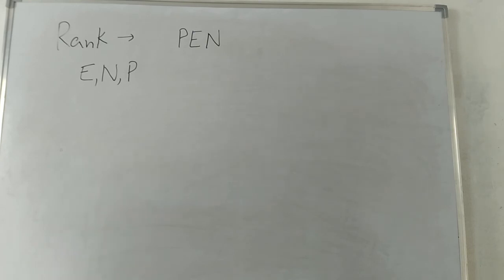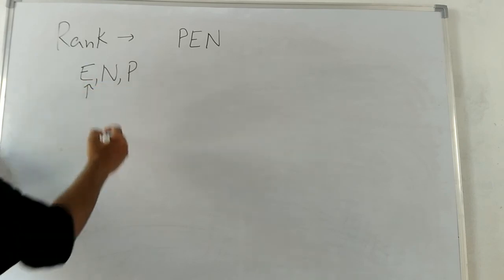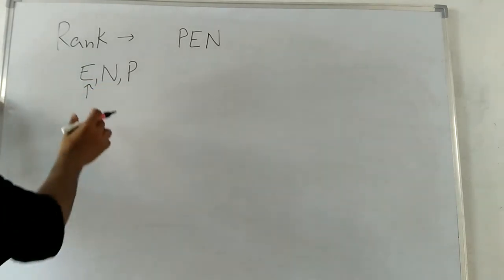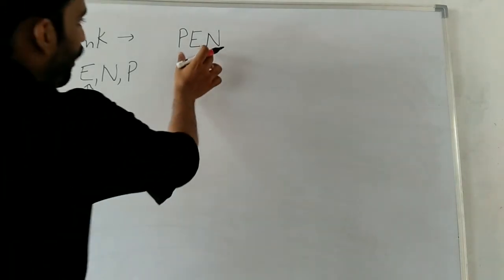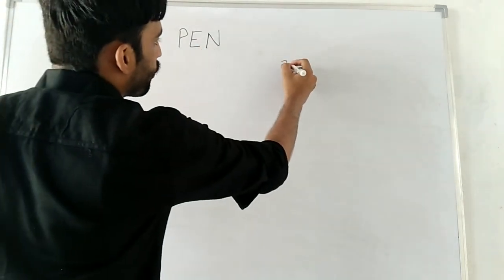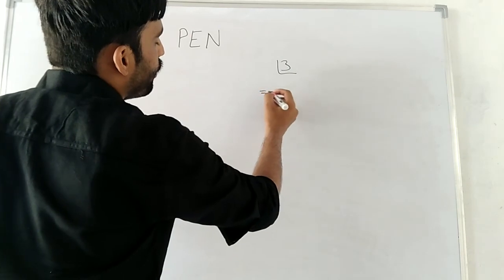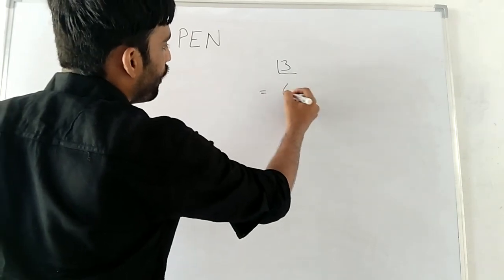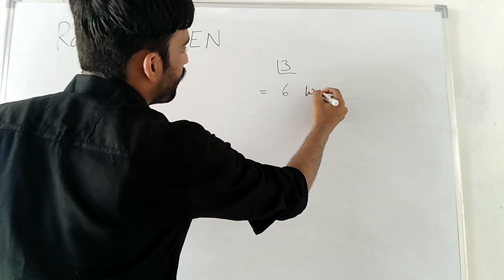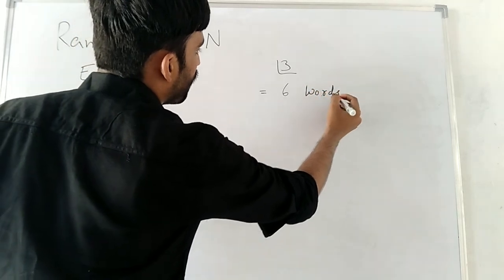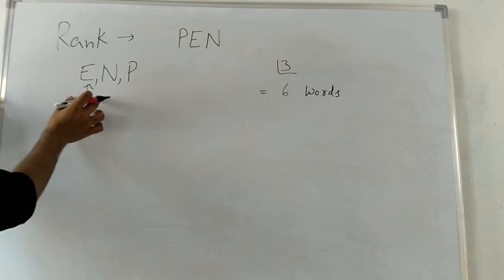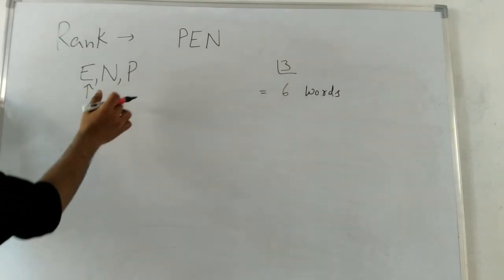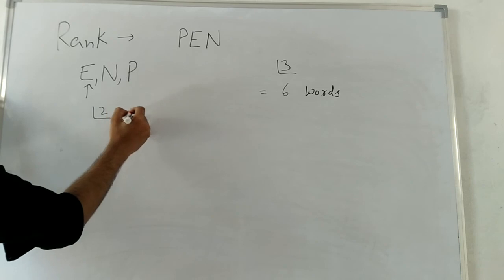First of all, we have to find the total number of words starting with E. Before doing this question, we can see that there are three letters. So factorial 3 words can be made using these letters, which means we will have 6 words. Now fixing the first letter in alphabetical order, E, we will have factorial 2 words.